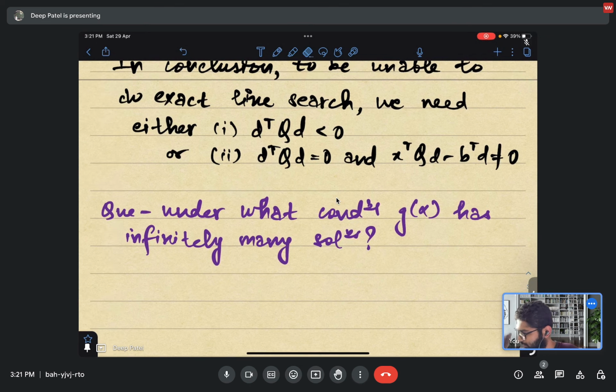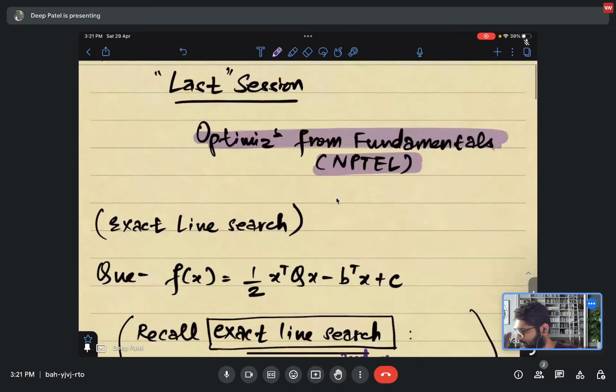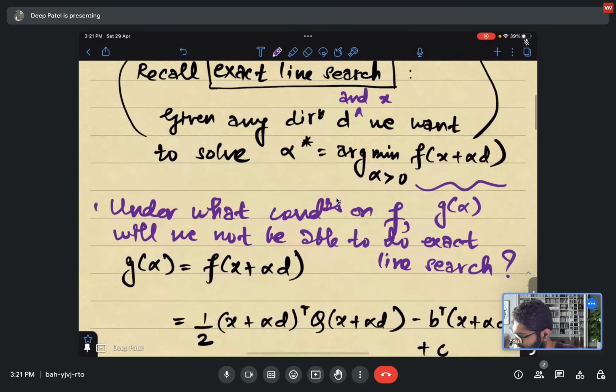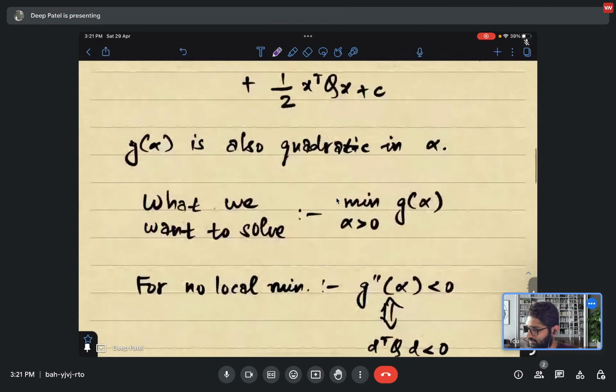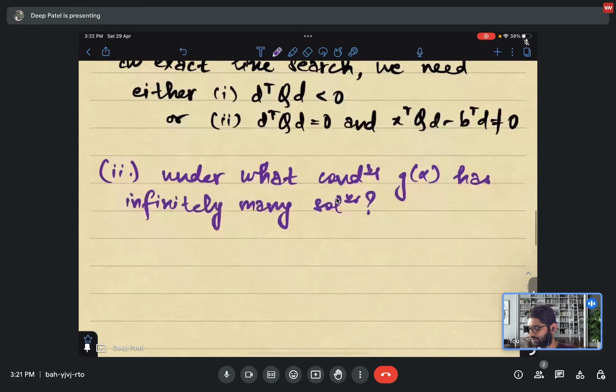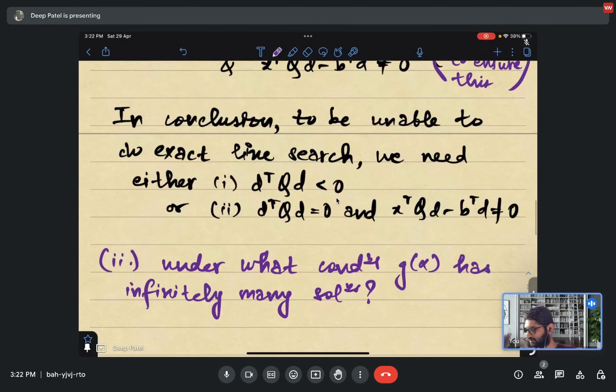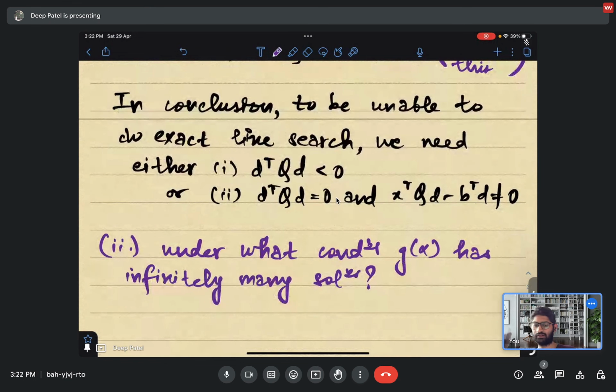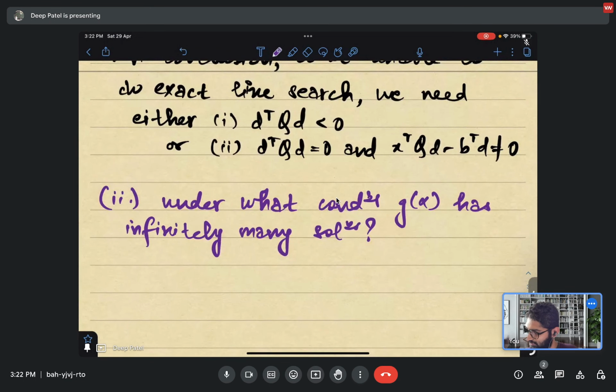So let me maybe number the questions just to avoid confusion. So there are multiple parts. The second part is where we are looking for conditions on this function f such that this g of alpha has infinitely many solutions, right?